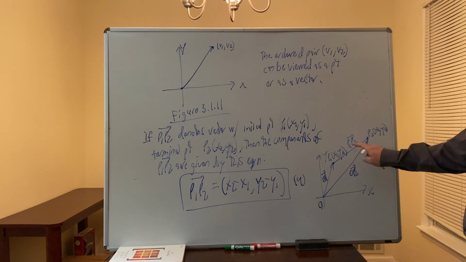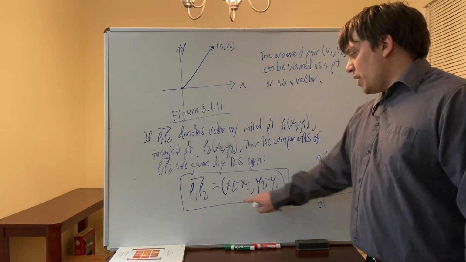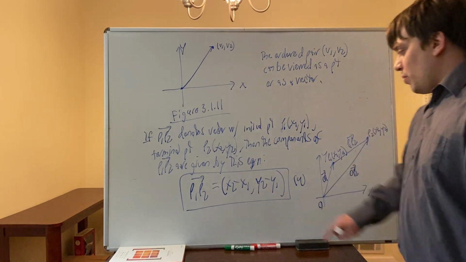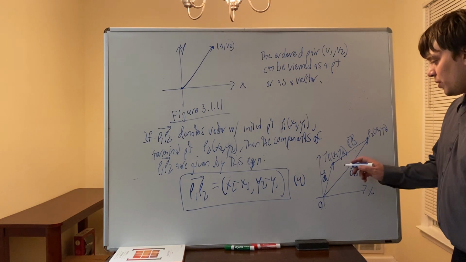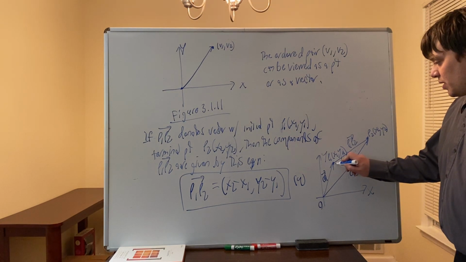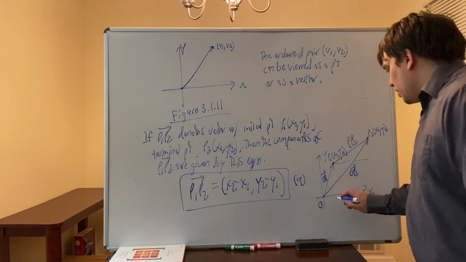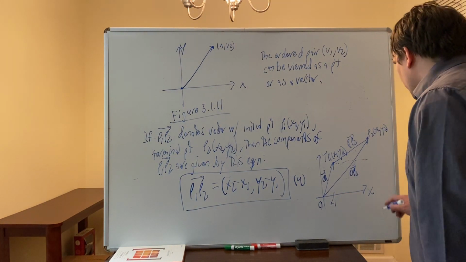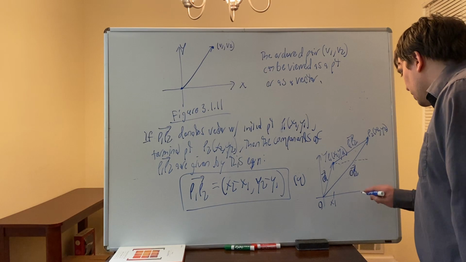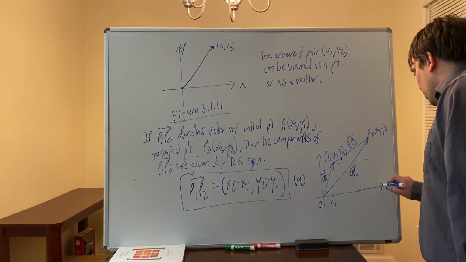And so the components of P1P2 are x2 minus x1, the first component, and y2 minus y1, the second component. That's because of the x distance that this vector travels, right? It's starting at x coordinate x1, and it's ending at x coordinate x2.